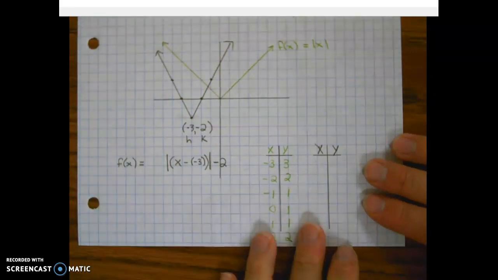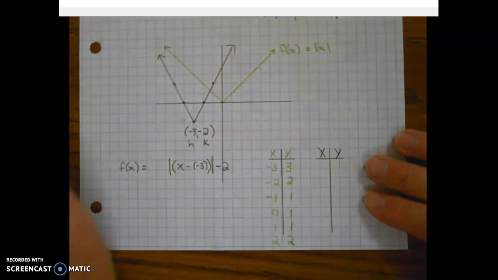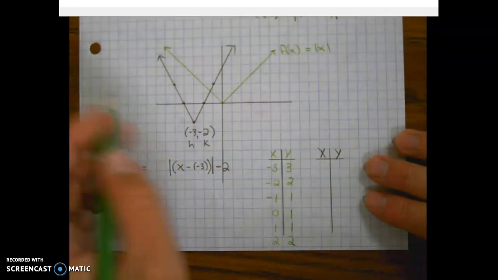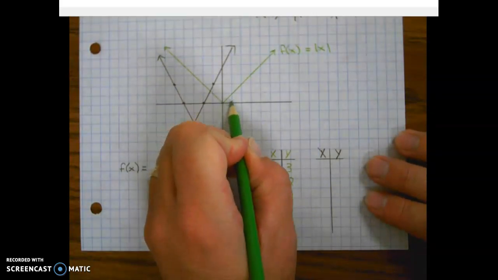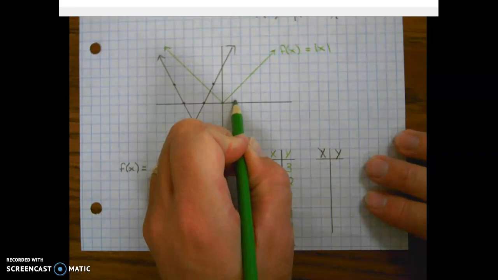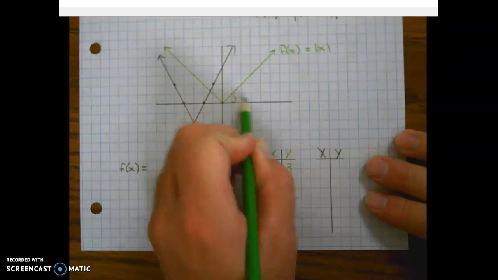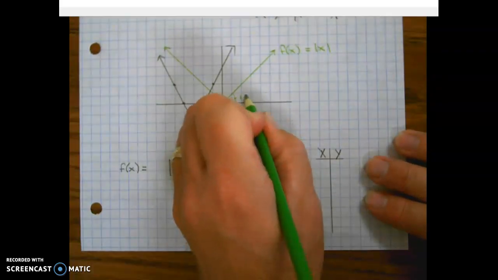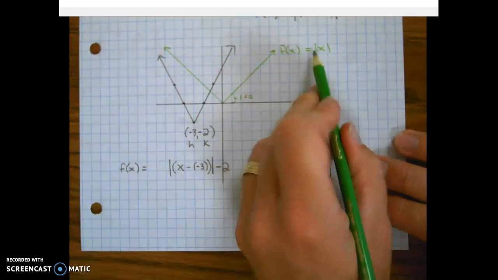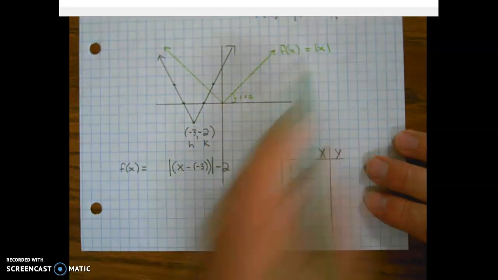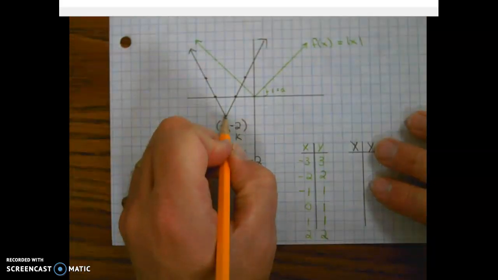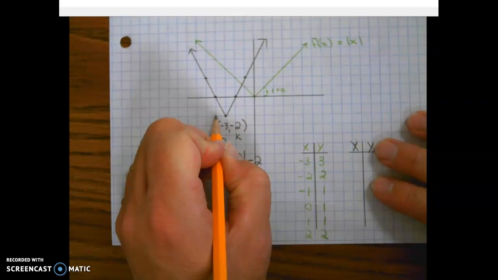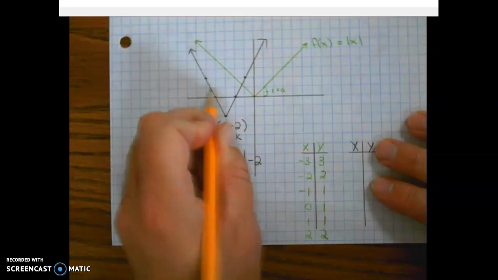Now, to find the a value, the simplest way to find that is to go over just one unit from the vertex and then count to the graph. So in this case, for the parent, remember, it was 1. And that represented a. A value is 1. So in this case, we go over one unit. Remember, it doesn't matter which direction in this case because it is symmetrical on both sides.